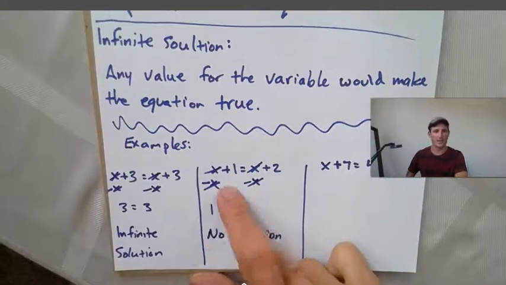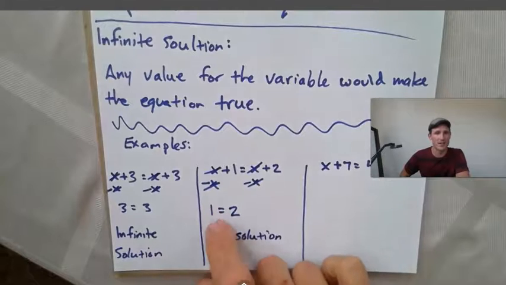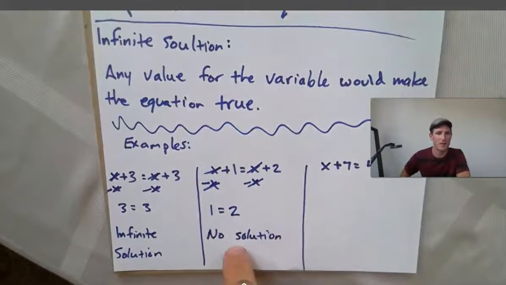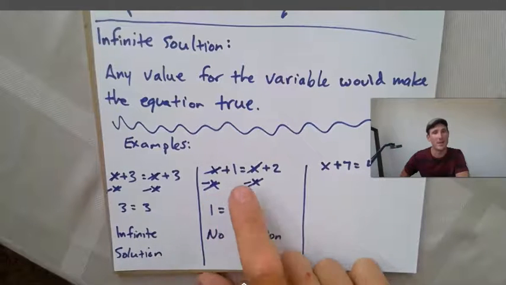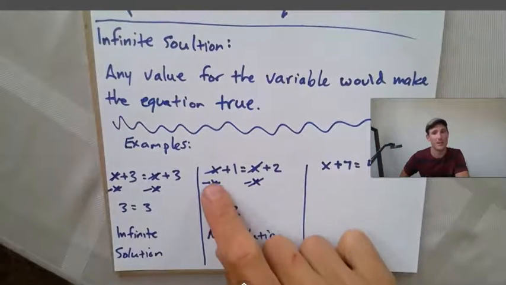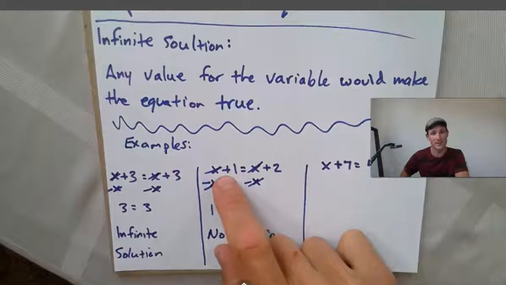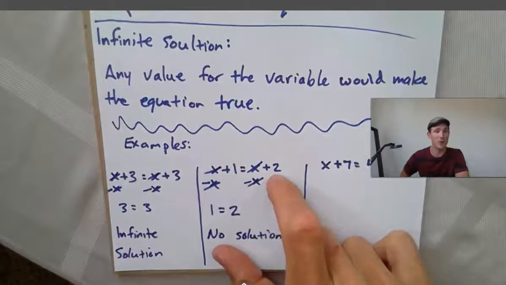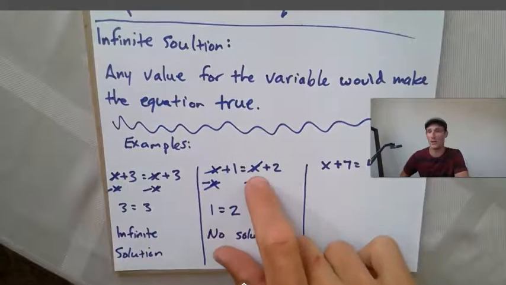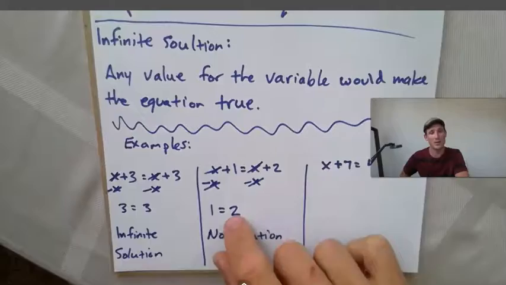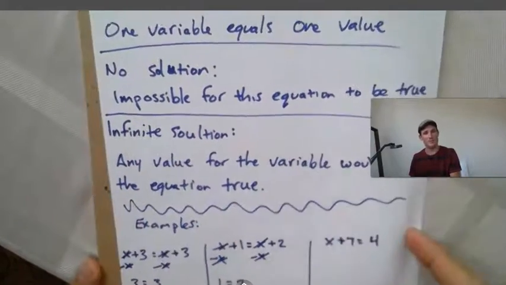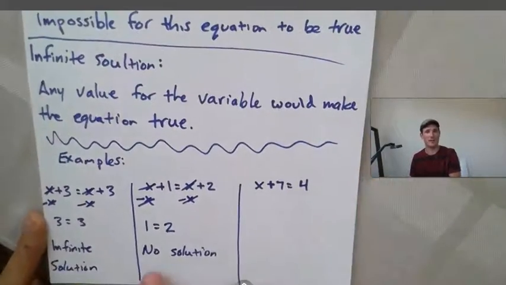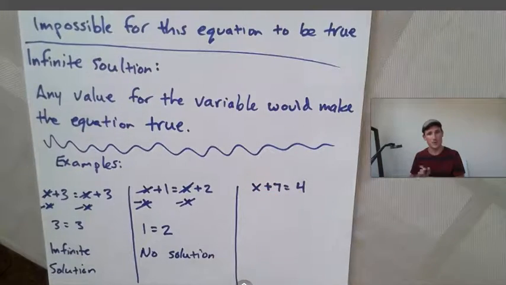The variables canceled out, and the constants are not the same. Therefore, it's no solution. There's no value that I could plug in for x to make this equation true. If I plug in 10, 10 plus 1 is 11, 10 plus 2 is 12, 11 never equals 12. No value. It's impossible for this equation to be true no matter what value I put in. No solution.